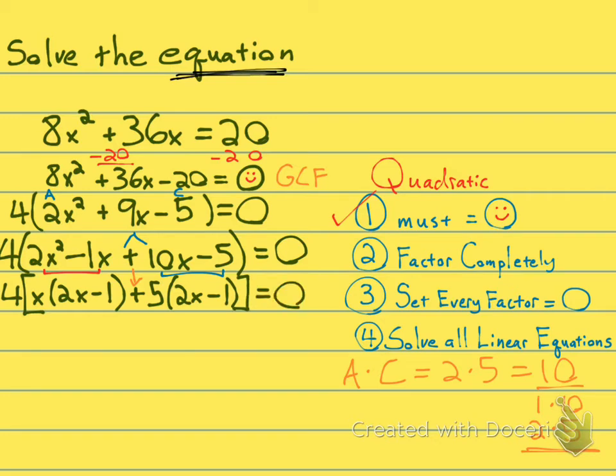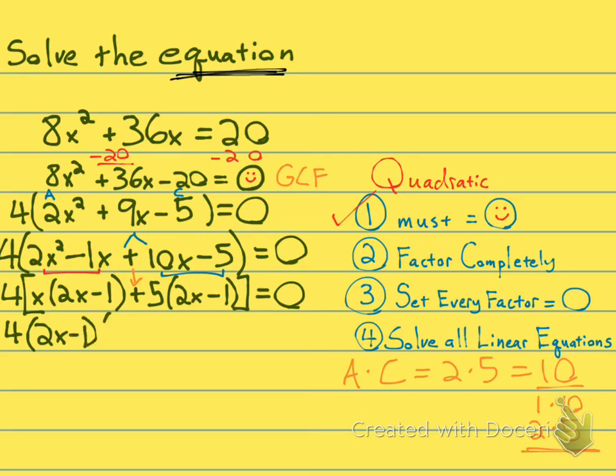Now, does that make me happy? It makes me very happy, because this 2x minus 1 is the same as this. I can't do it without that. They have to be the same. Now, let's take that 2x minus 1 and bring it out in front and see what we're left with. Here's my 4, here is my 2x minus 1.